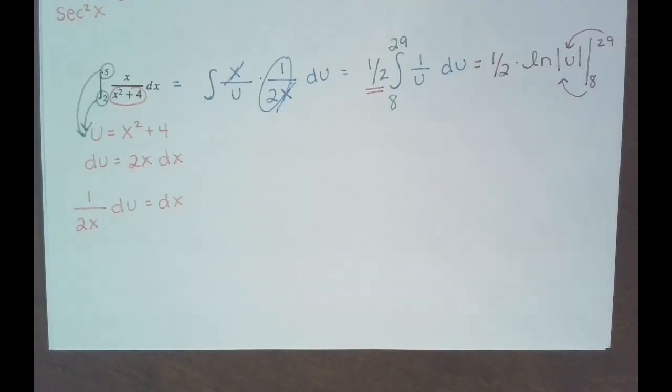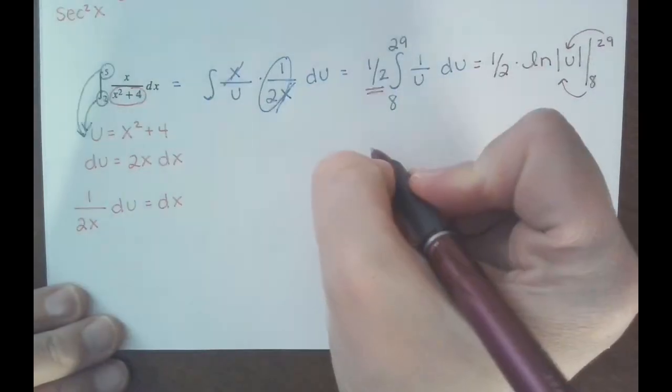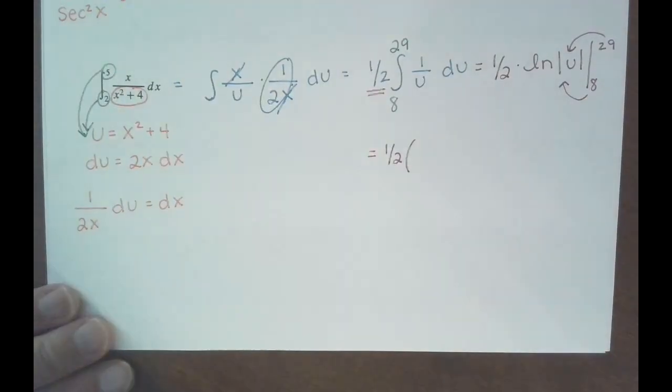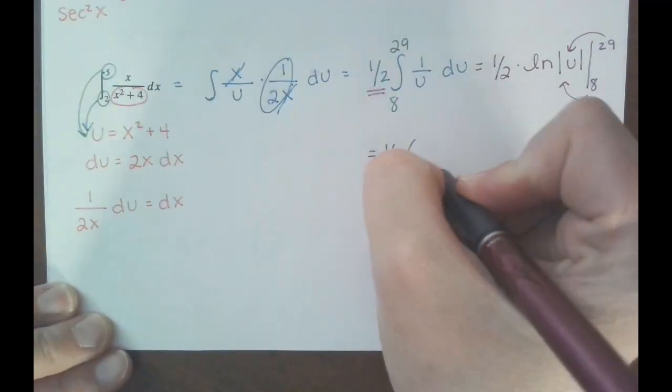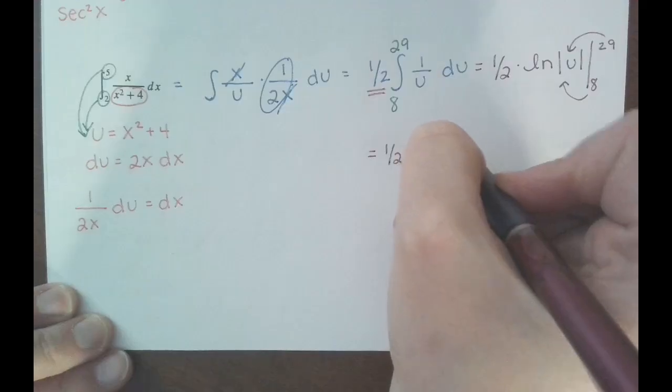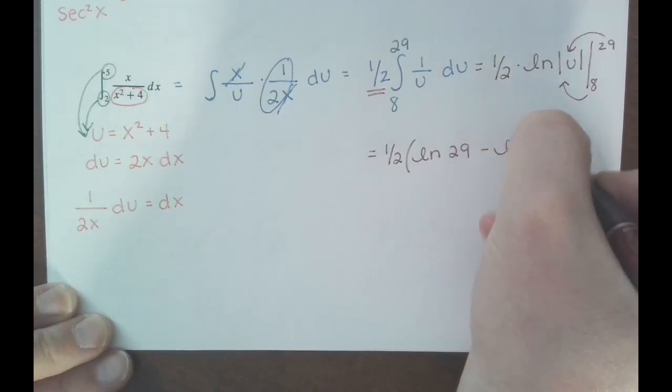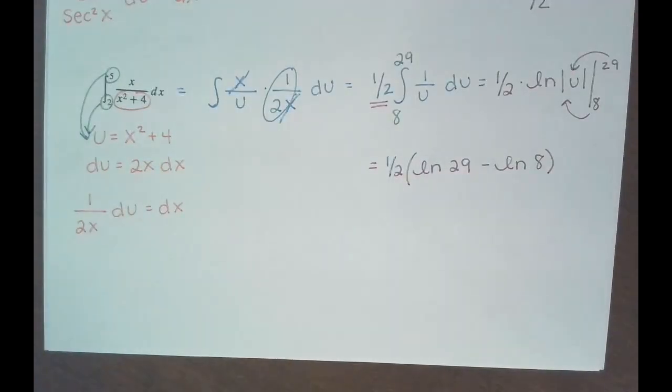Natural log of 29 is a perfectly valid answer. I would probably just write that 1/2 out in front of everything. So I would say 1/2 times, and then this would be natural log 29 minus natural log 8. And that's a perfectly fine answer. I'm happy with that. That's all numerical.